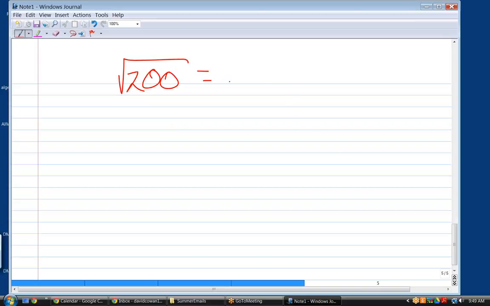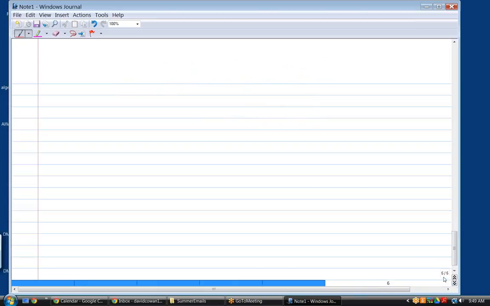There you go. So it's the square root of 100 times the square root of 2. What's that become? 10 square root 2, exactly.